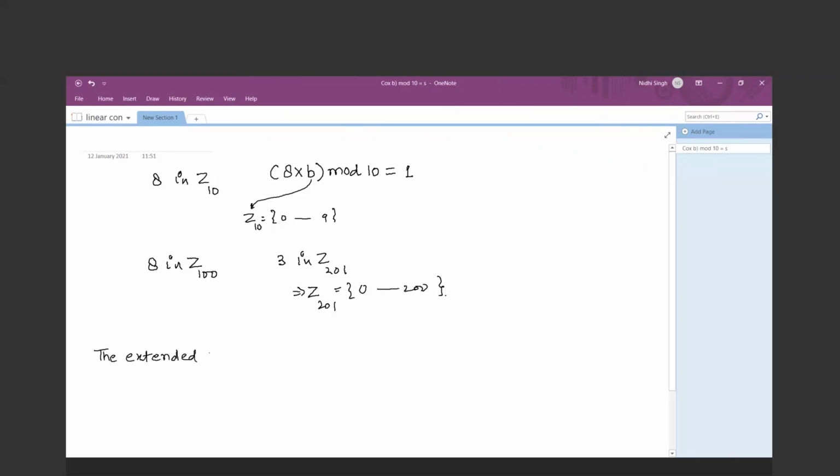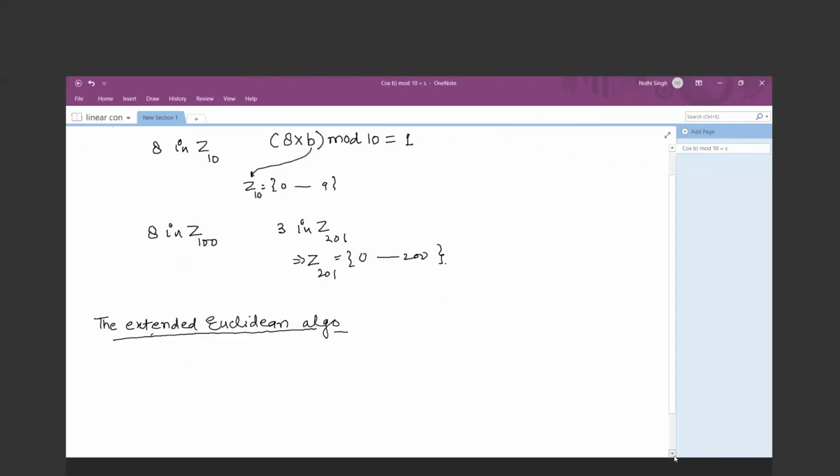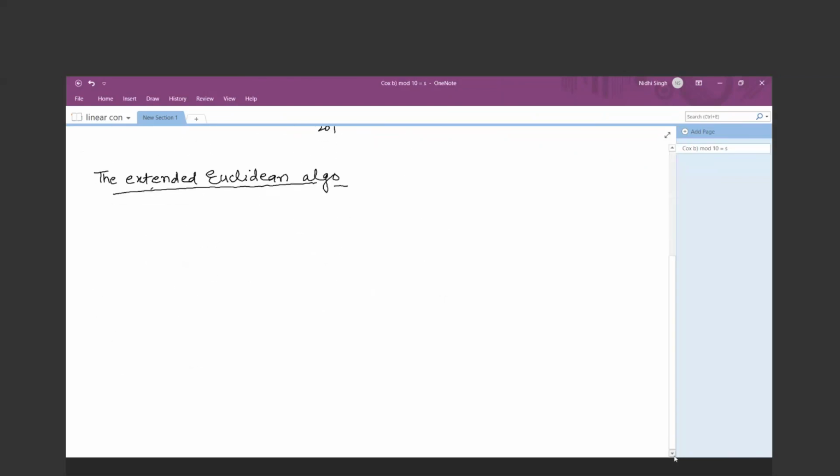The extended Euclidean algorithm, you have to apply it in order to find the multiplicative inverse of a particular number in a given set of residues Zn. There is one condition: the GCD of n and b should be 1.